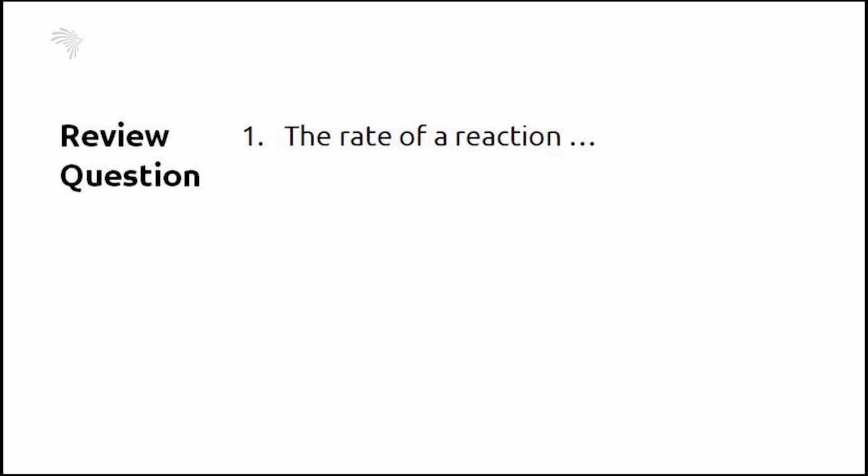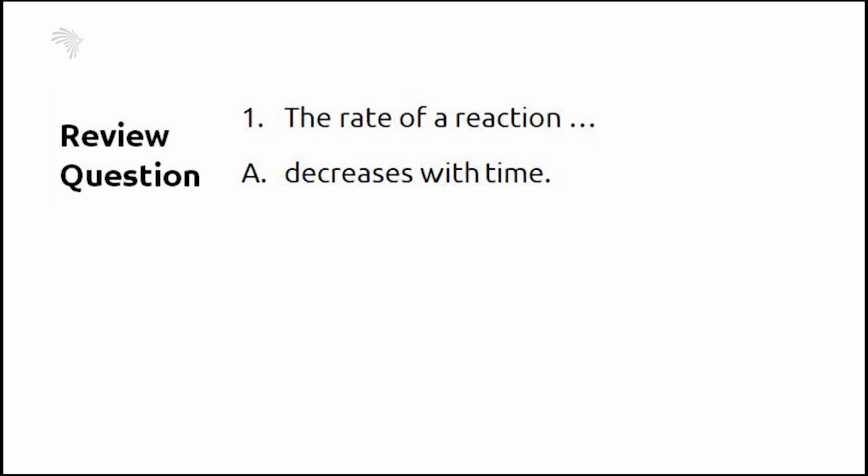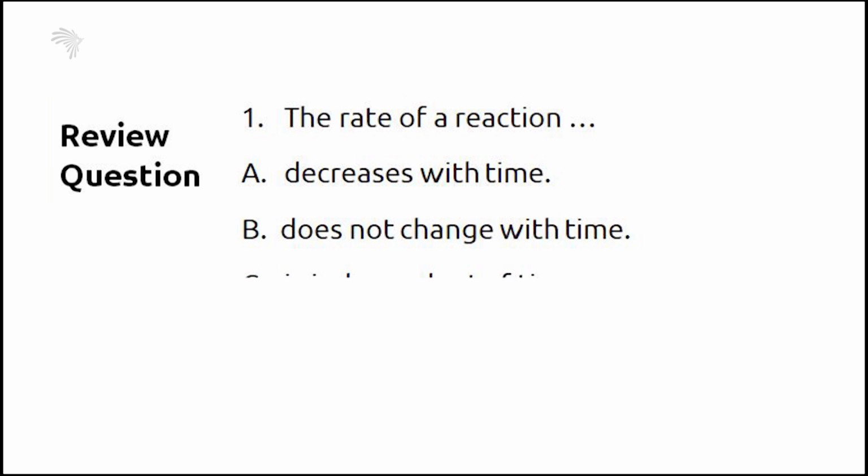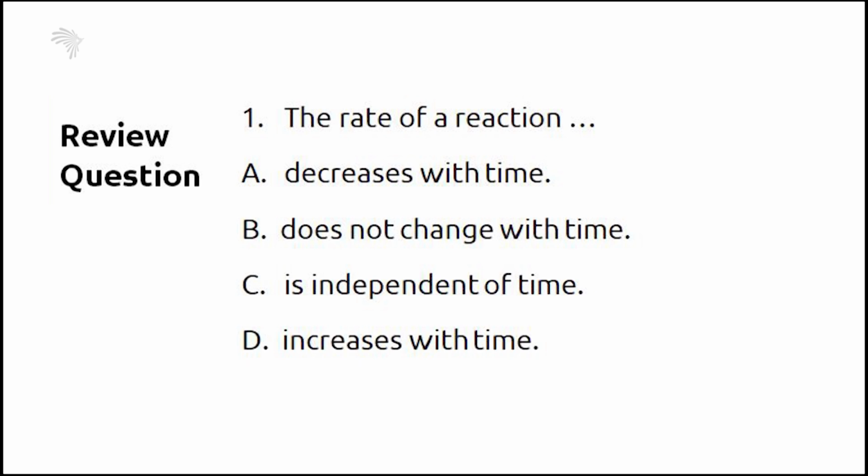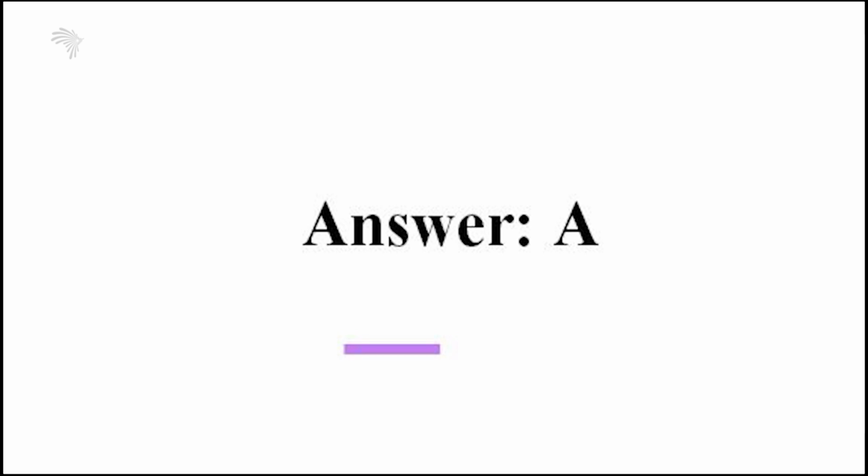The first question says, the rate of a reaction: A, decreases with time, B, does not change with time, C, is independent of time, D, increases with time. So which one do you think is the correct answer here? Well, the correct answer here is A, decreases with time.